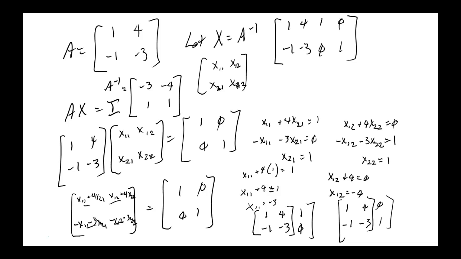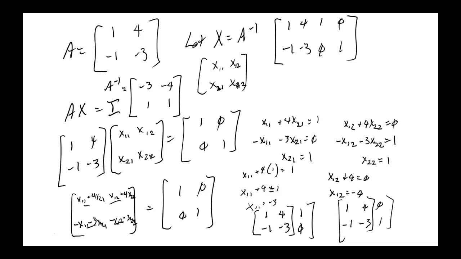But if you had done this elimination, you wound up with 1, 0, 0, 1 here, and your solutions here, which would be, oh, I erased it.